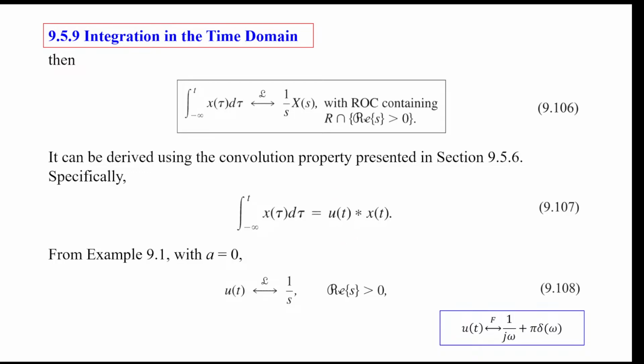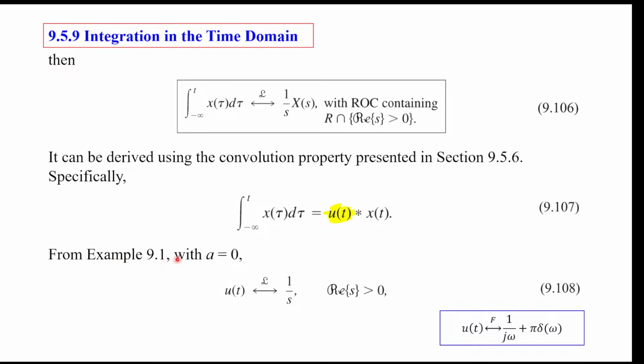In Fourier transform, we also see that the Fourier transform of a unit step function can be derived from the integration property, and the integration property can be derived from the Fourier transform of the unit step function. Back then it was actually a bad loop because we didn't know how to derive either of them from first principles. But here we already derived the Laplace transform of u of t.